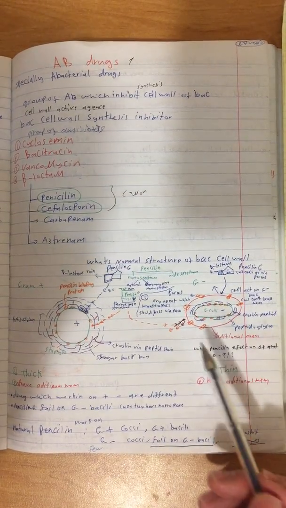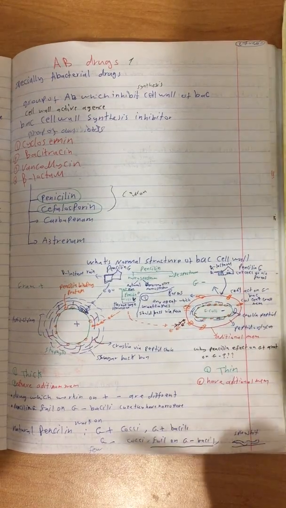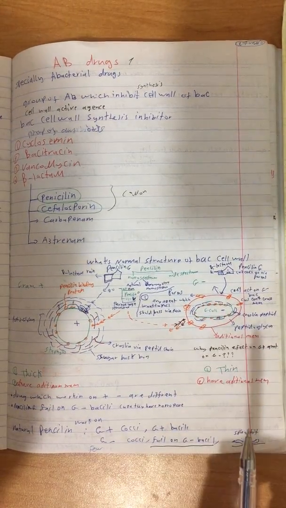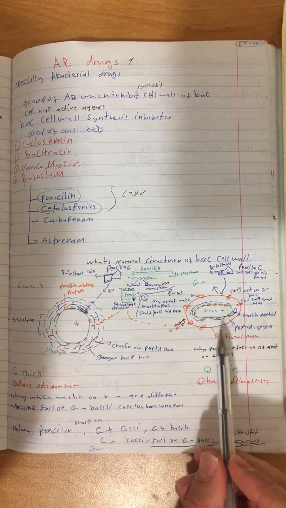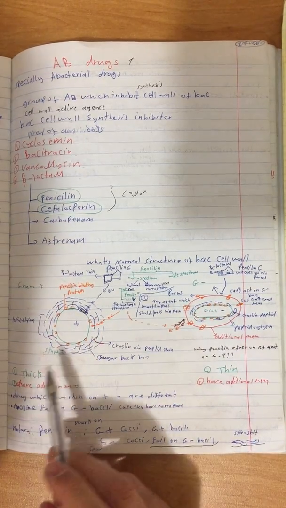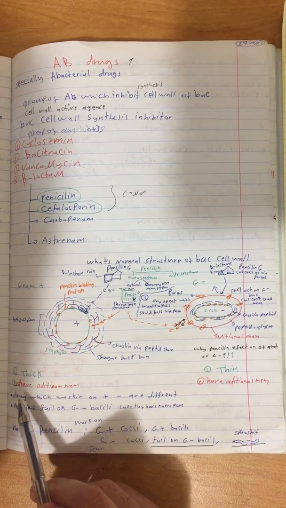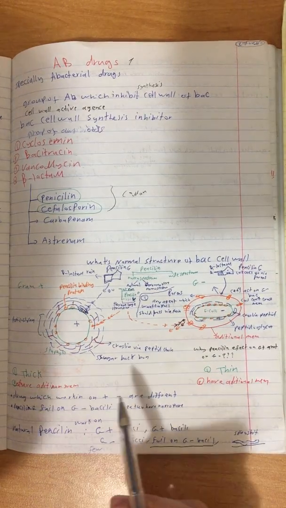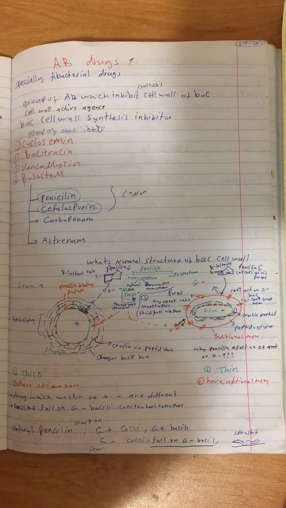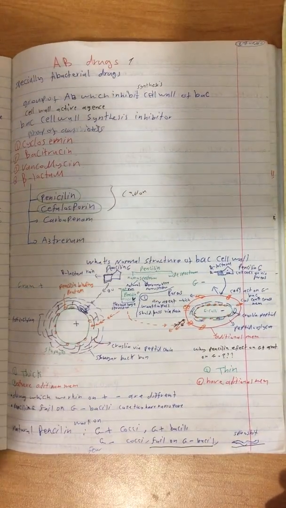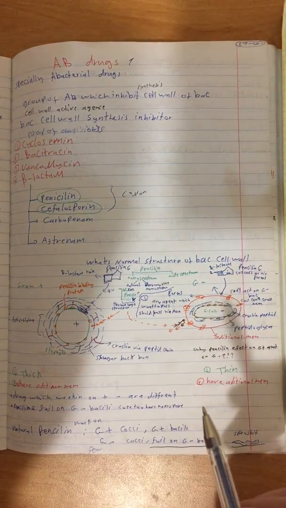So the wall is thinner than in gram positive bacteria. It's the first difference. The second difference is that in gram positive bacteria there is no additional membrane, but in gram negative bacteria there is an additional membrane.